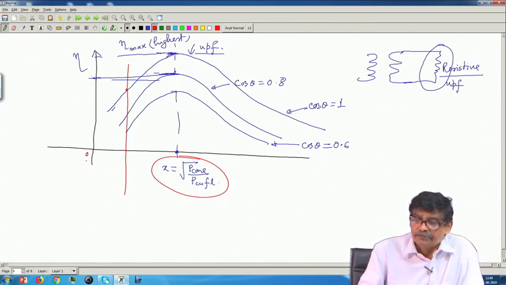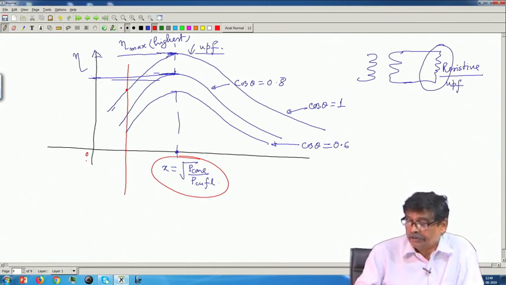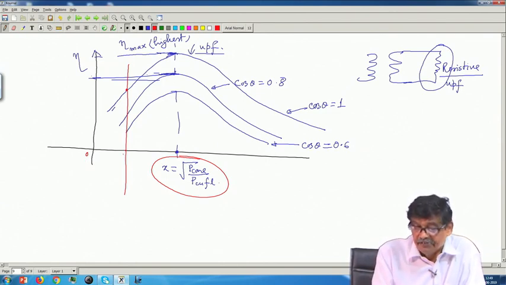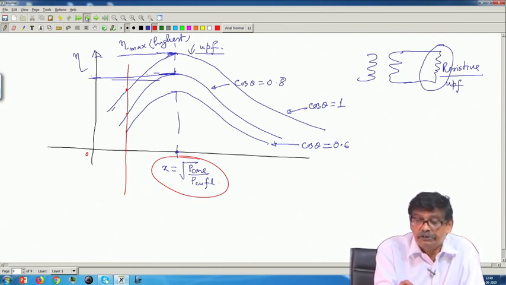So, these curves, I have drawn a family of curves with different power factors. Then I told you, okay, now I will keep the kVA fixed and would like to see which of these efficiencies will become maximum, and you have been asked to find it out.